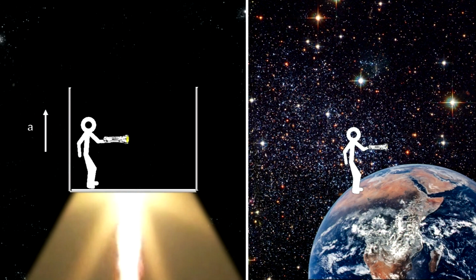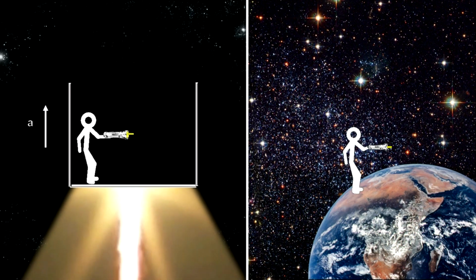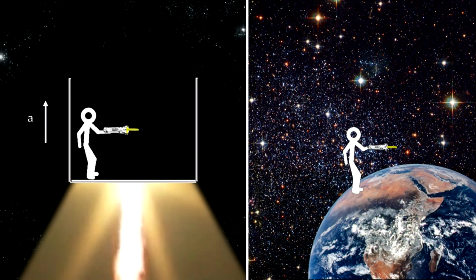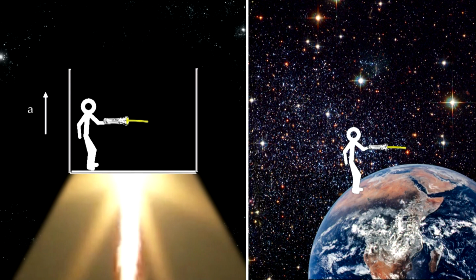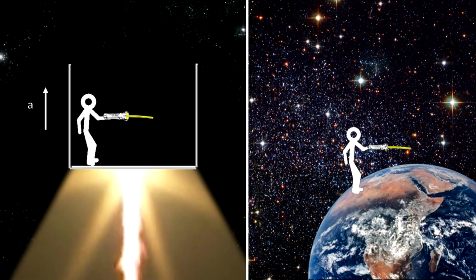The equivalence principle has a number of implications. One of the most significant for us is that it tells us that because light bends in the elevator, it will bend in a matter-generated gravitational field as well.